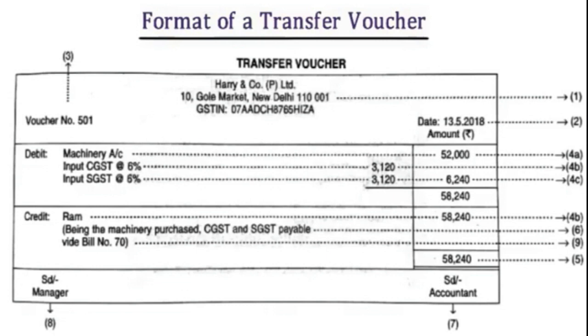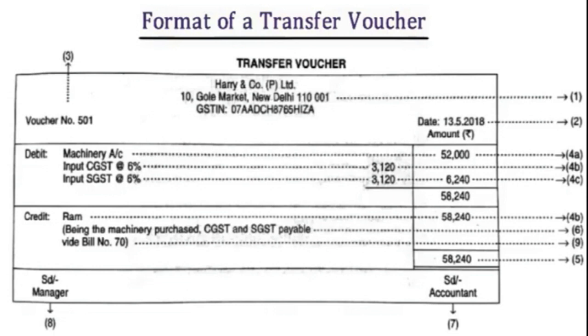On the fifth number we have the net amount of the transaction. The sixth number is of narration. Narration is a brief description of the transaction. Next we have the seventh number, which is the signature of the person preparing it. The eighth number is the signature of the authorized signatory.